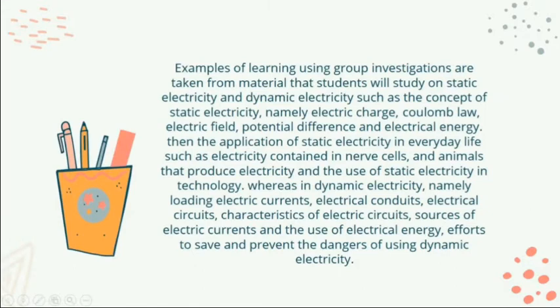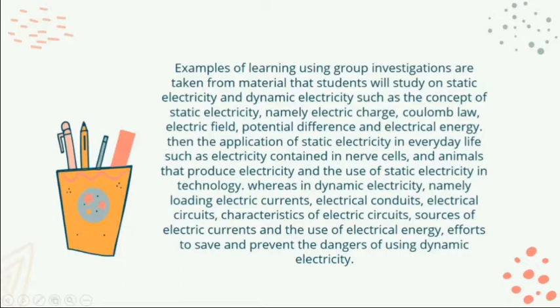Examples of learning using group investigation are taken from the material that students will study on static electricity and dynamic electricity, such as the concept of static electricity, namely electric charge, Coulomb's law, electric field, potential difference, and electrical energy. Then the application of electricity in everyday life, such as electricity contained in nerve cells and animals that produce electricity, and use of static electricity in technology.